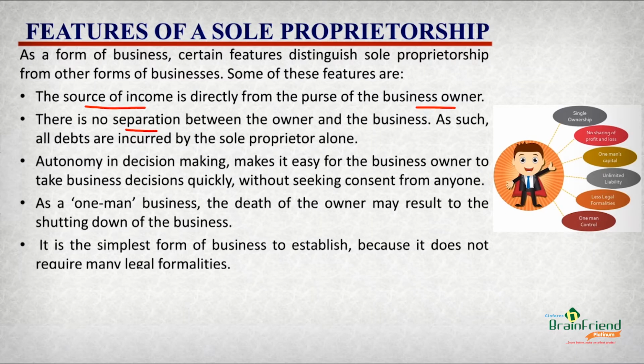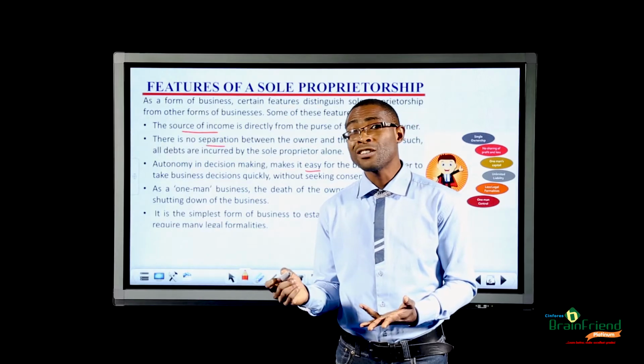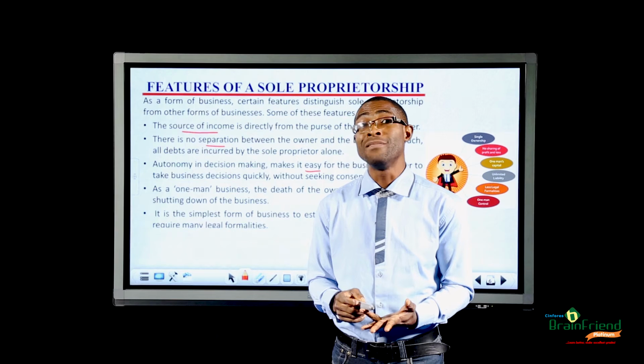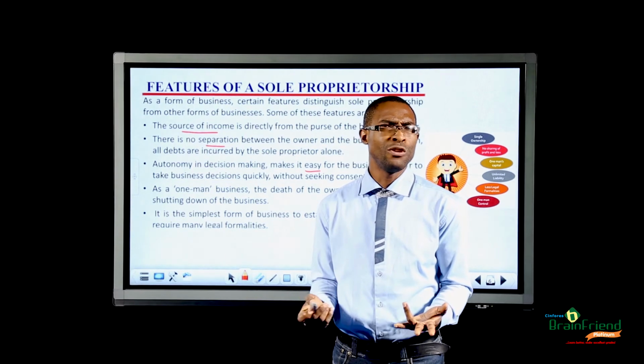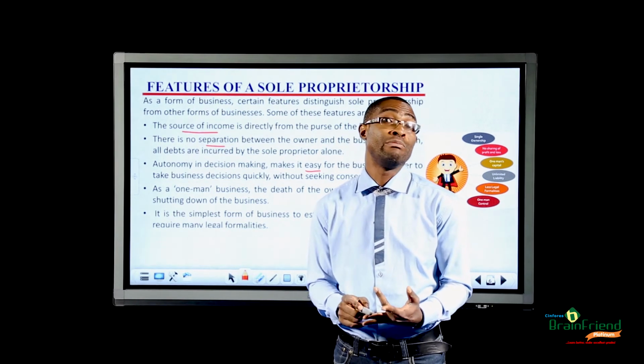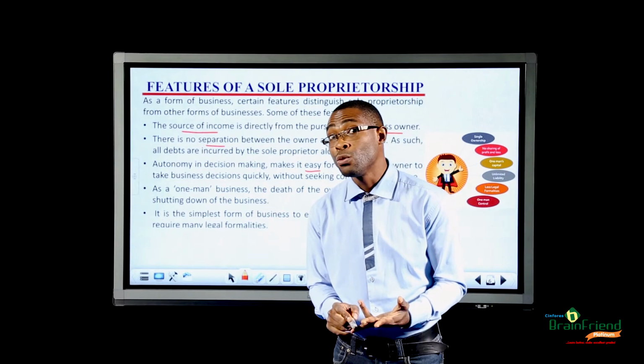Thirdly, autonomy in decision making makes it easy for the business owner to take business decisions quickly. Since he's the only one staying in the shop, Milo has finished, milk has finished. But because customers demand more of milk than Milo, he may decide to go to the market and buy just milk and leave Milo.